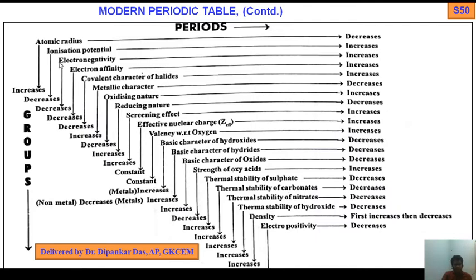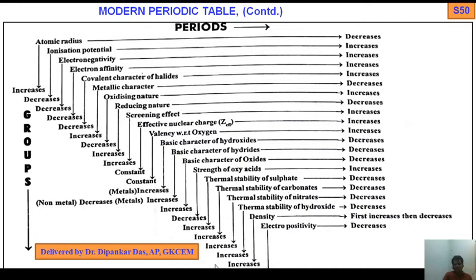We know atomic radius, ionization potential, electronegativity, electron affinity, covalent character, metallic character, oxidizing nature, reducing nature, screening effect, effective nuclear charge, valence with respect to oxygen, basic character of hydroxide, hydrides and oxides, strength of oxyacids, thermal stability of sulfates, carbonates, nitrates and hydroxides. Also density and electropositivity decrease, increase.